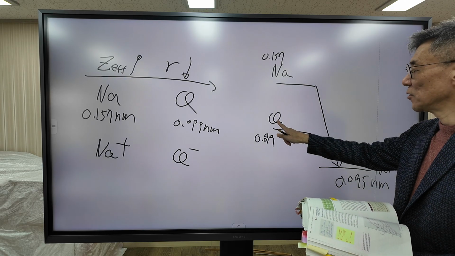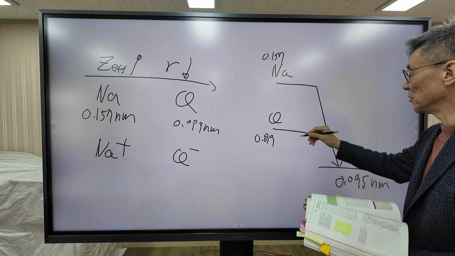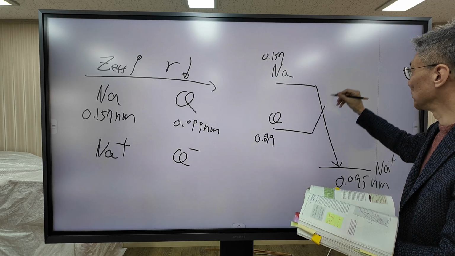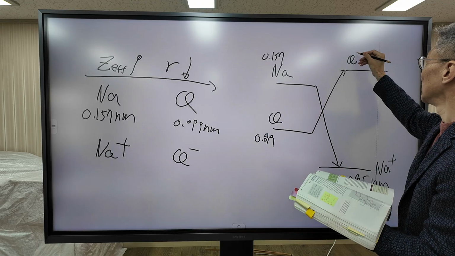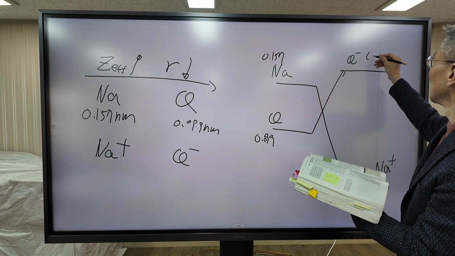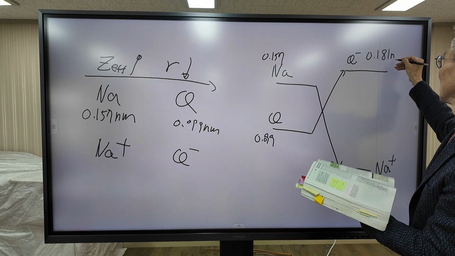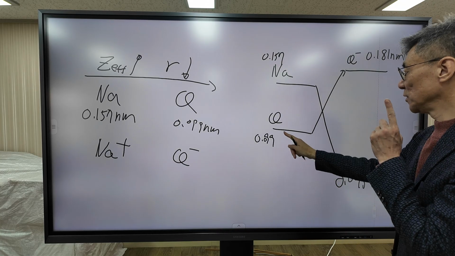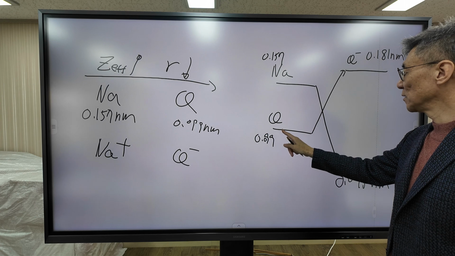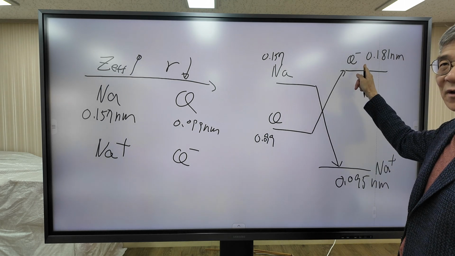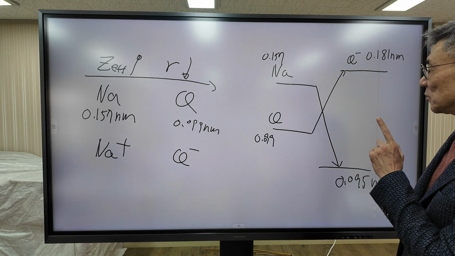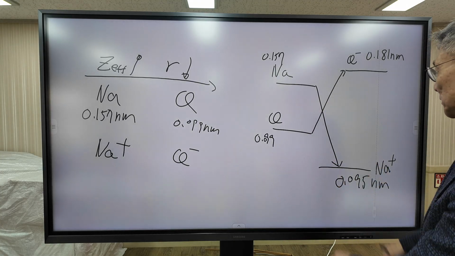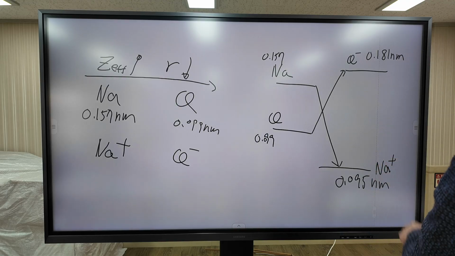When the chlorine atom accepts 1 electron to become a chloride ion, only 1 electron moves, right? Only 1 electron moves, but the atomic size almost doubled. So only 1 electron moves, but the atomic size changed dramatically. So please keep in mind this fact.